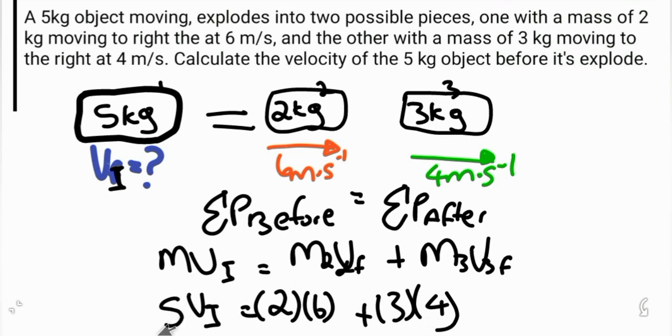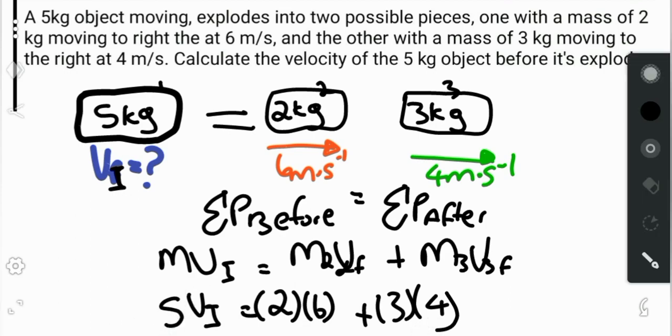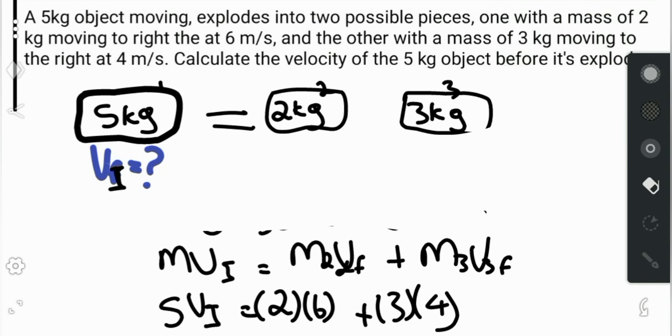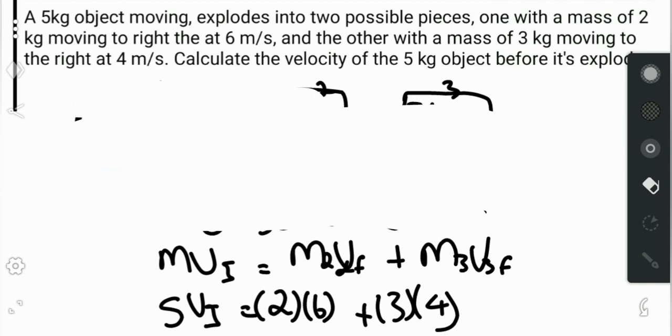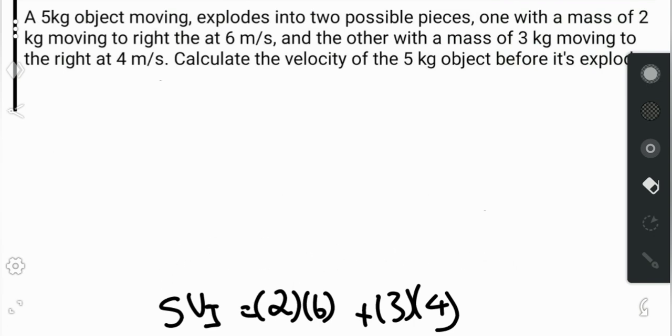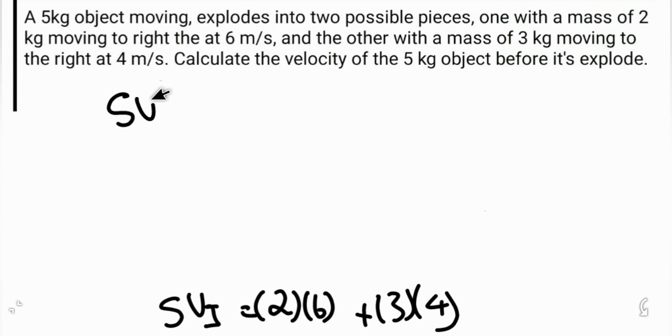Now let us work out the initial velocity of this block before it exploded. Now 2 times 6 is 12, plus 3 times 4. 3 times 4 is 12. 12 plus 12 is 24, divided by 5.